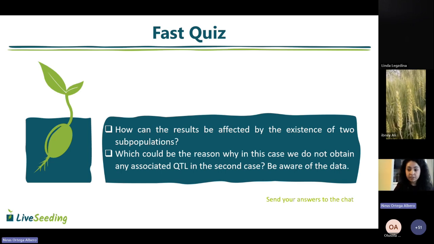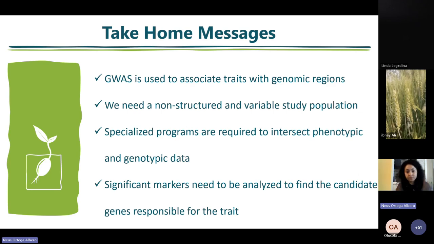So that's it for the fast quiz. Now, the ideas I want you to remember from this session are that GWAS has been a technique widely used in a lot of crops to associate traits with genomic regions, especially complex traits which depend on a lot of genes and not only one gene.